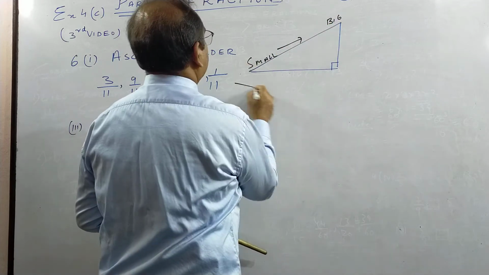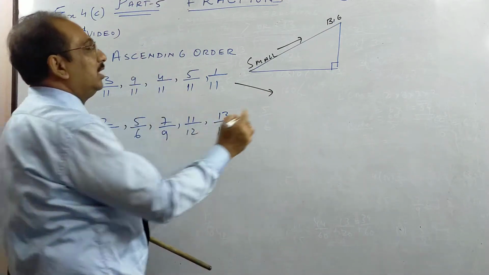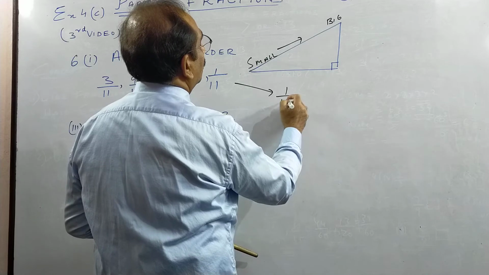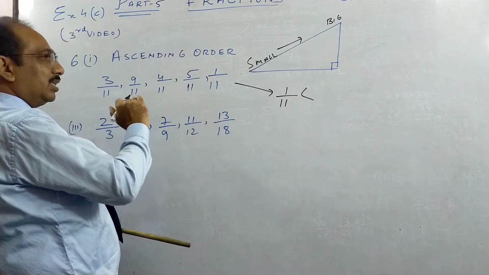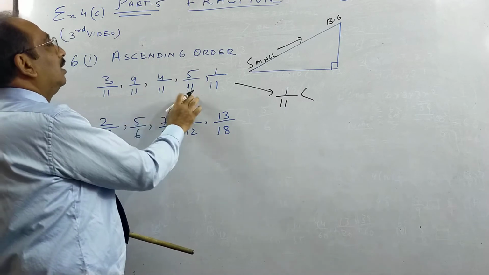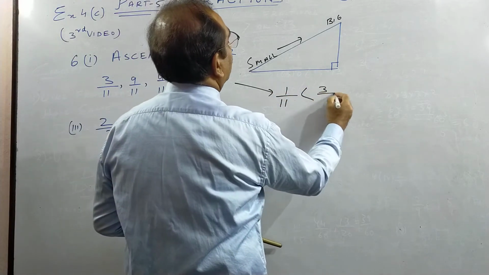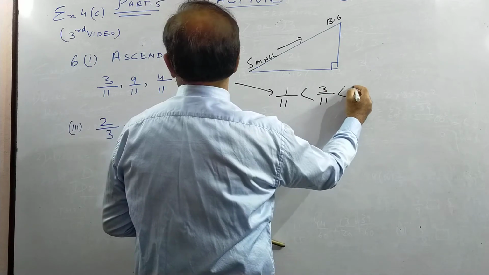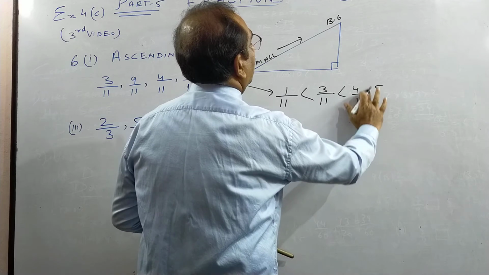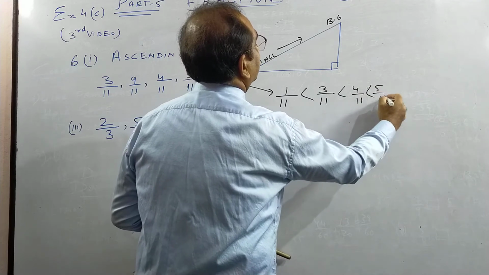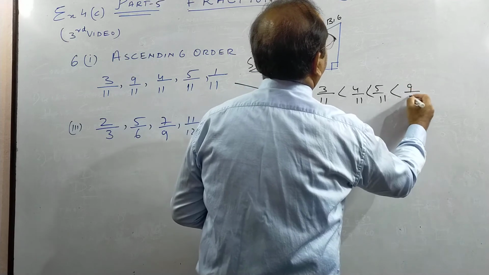So see, the first answer I am doing is very easy. The denominator remains the same. This is the smallest, 1 by 11. Ascending means small to big. Then comes 3 by 11, which is bigger than 1 by 11, then 4 by 11, then 5 by 11, and the last of all, 9 by 11.